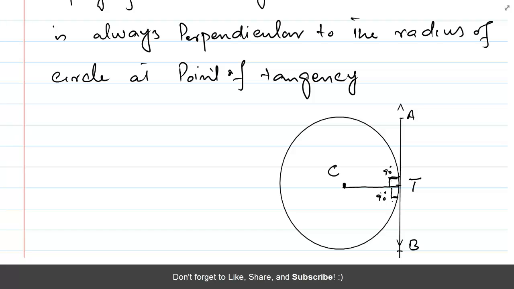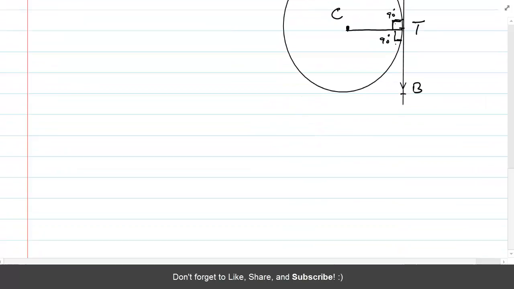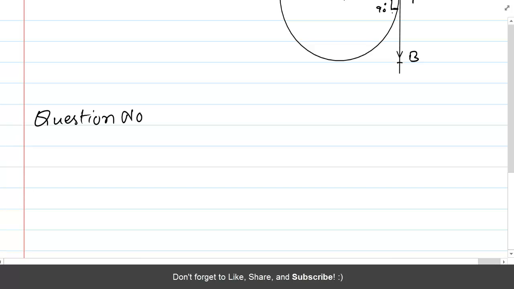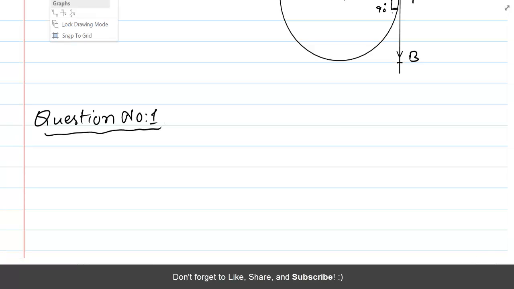Let's solve some of the questions by using these properties. So let's assume that we have a question. Here we got question number 1, and in this question we do have a circle.